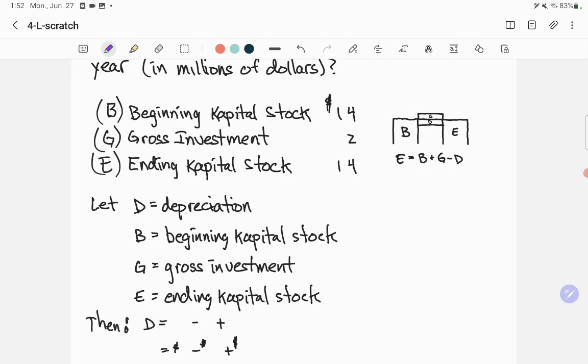We're given beginning capital stock, gross investment, ending capital stock. Here's the picture from the video. I've changed it a little bit. Whatever your ending capital stock is, inventory and machinery and equipment. Capital stock is machinery, computers, and inventories. Inventories is also capital.